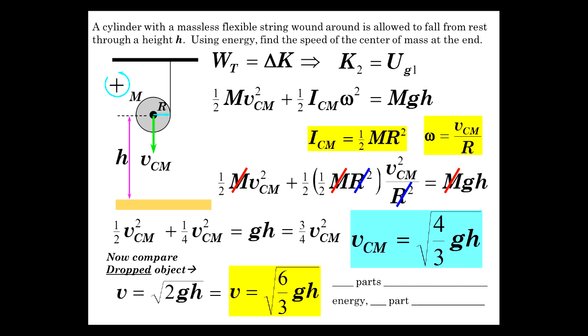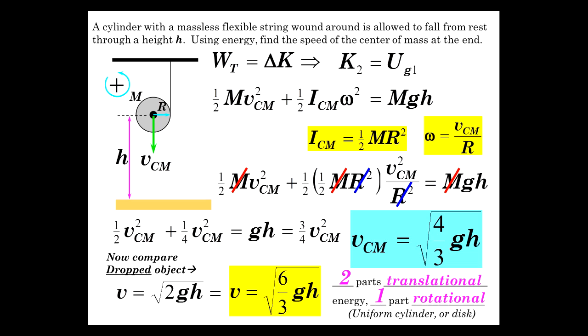And notice how this 6/3 relates to 4/3. Just because of the fact that this system is rotating, obviously some of the energy is wrapped up in rotation, and so it results in a speed of 4/3 instead of 6/3. Now this is the translational part. So you consider 4 compared to 6 is like 2 parts of translation and 1 part rotation.